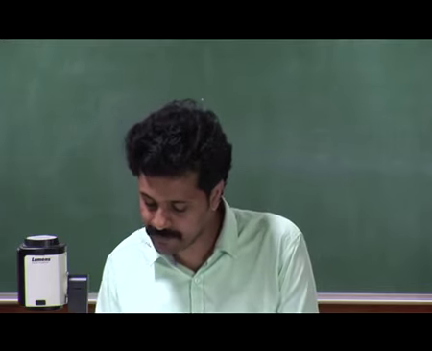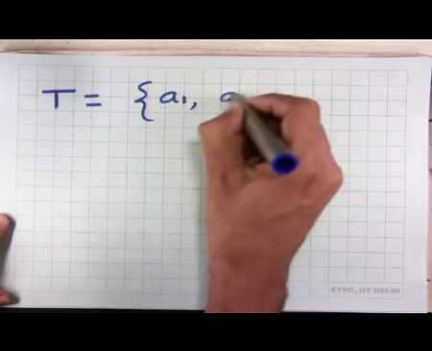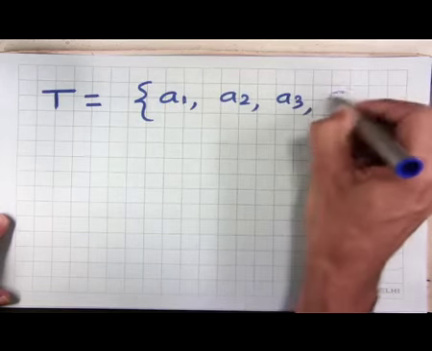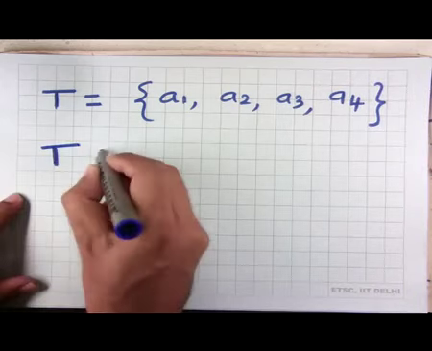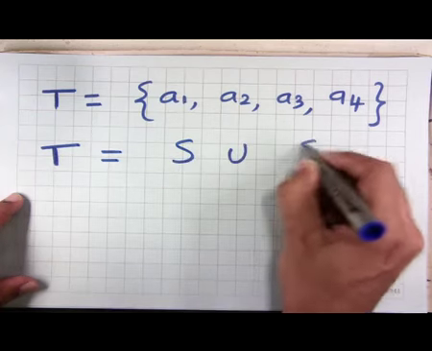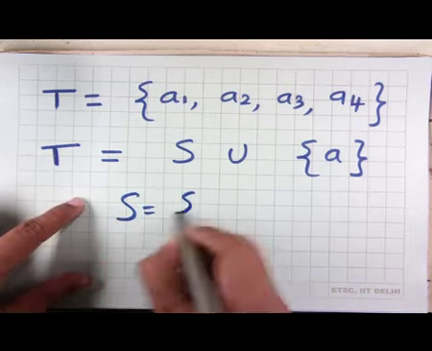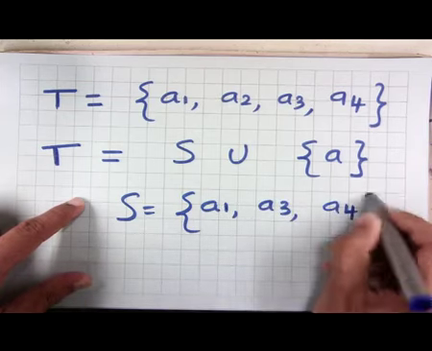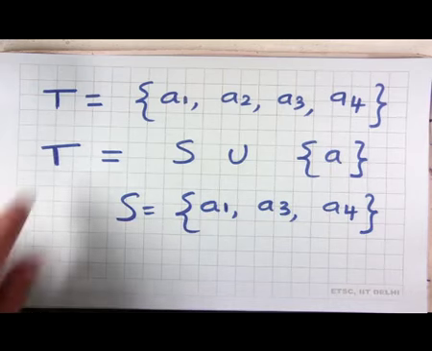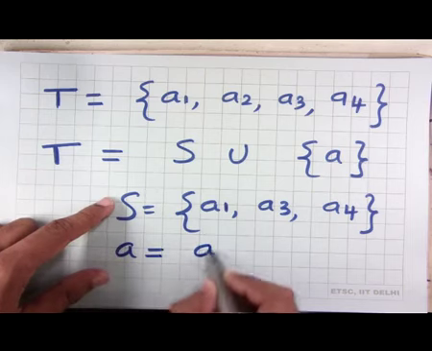To give you a feel of this, let me start with, say, T is a set with n elements, A1, A2, A3, A4. Then T can be written as S union A, where S is a set with 3 elements. For instance, let me say S is equal to A1, A3, A4, and A is an element in T which is not in S. In this case, A is equal to A2.